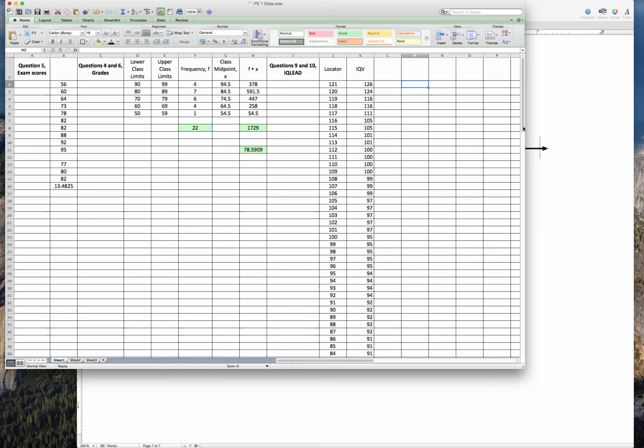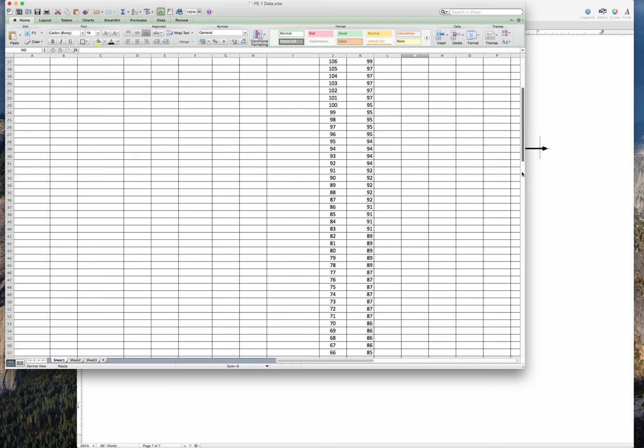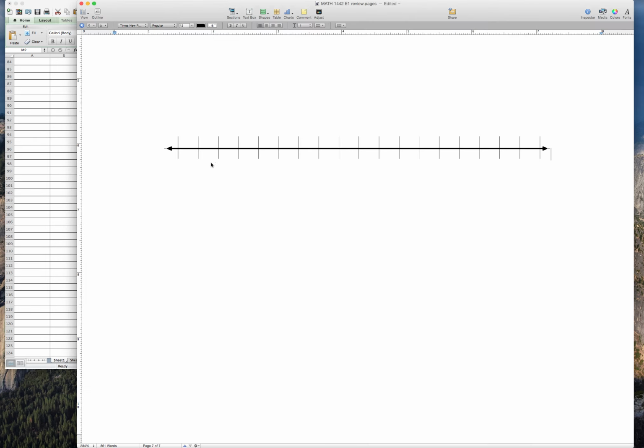Well, the minimum value is at the very bottom. It's next to locator 1, and I believe it was 51 as I recall. Let me just make sure. Yes, so down there at the bottom next to locator 1 is 51, so that's my minimum value.